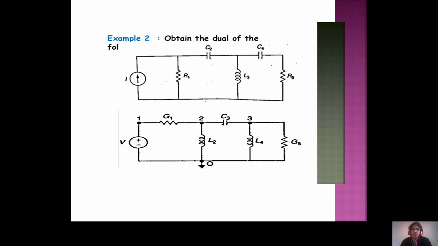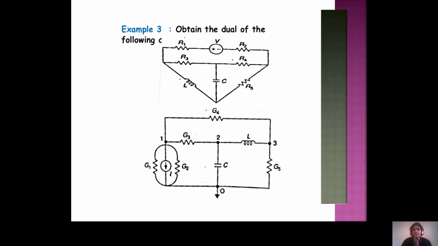The resistor between 1 and 2 will be converted to conductance, and between 2 and 3 the inductance will be converted to capacitance. The remaining C4 and R5 are related to only the third node, so they will be converted to inductance and conductance. C2 is related to only the second node, so the capacitance will be converted to inductance. The source is only at the first node, from first node to 0, so the current source will be converted to a voltage source.